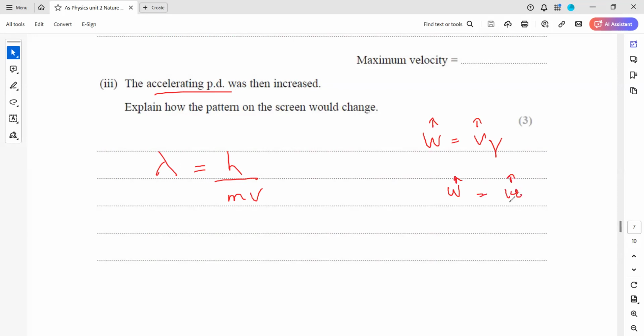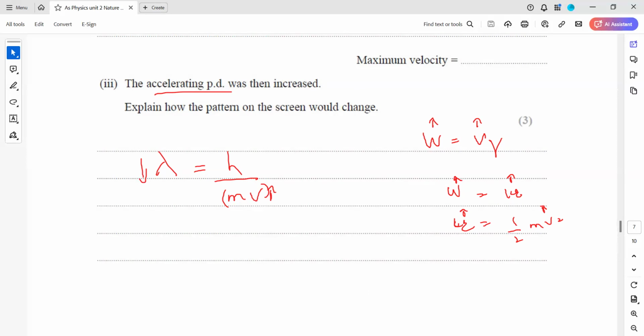The kinetic energy will also increase. And if the kinetic energy, half mv squared, increases, with mass constant, it means the speed at which this electron is moving will also increase. So when we increase the potential, the speed of the electron will increase. If the speed increases, what happens to momentum? The momentum will also increase. So the wavelength associated with the electron will get shorter.